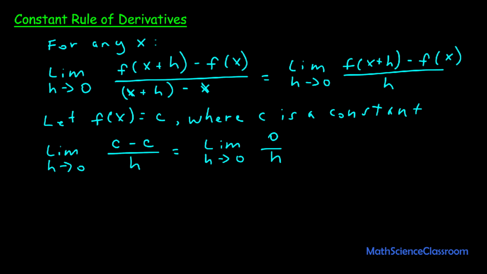And any number such as h divided into 0 will equal 0. So the limit of 0 as h approaches 0 equals 0. So finally, f prime of x equals 0.